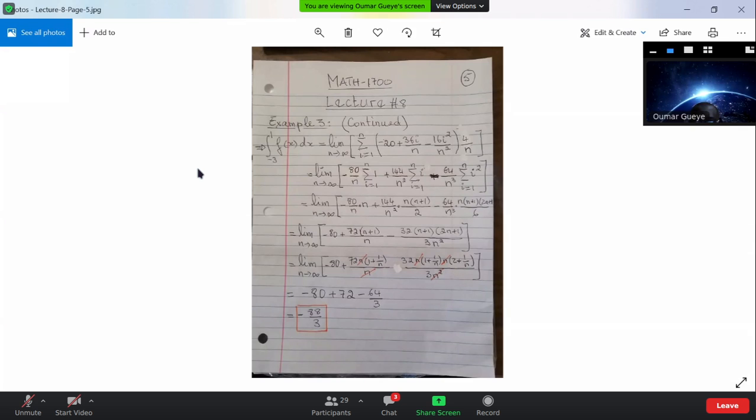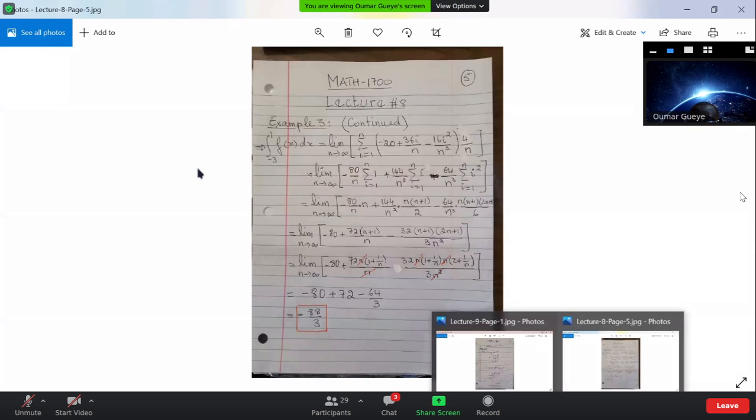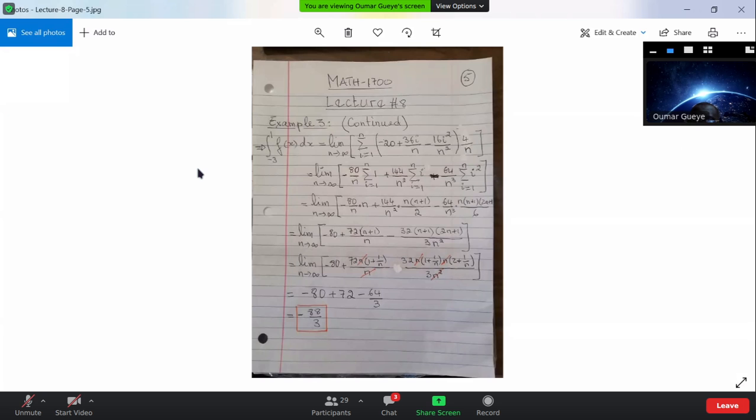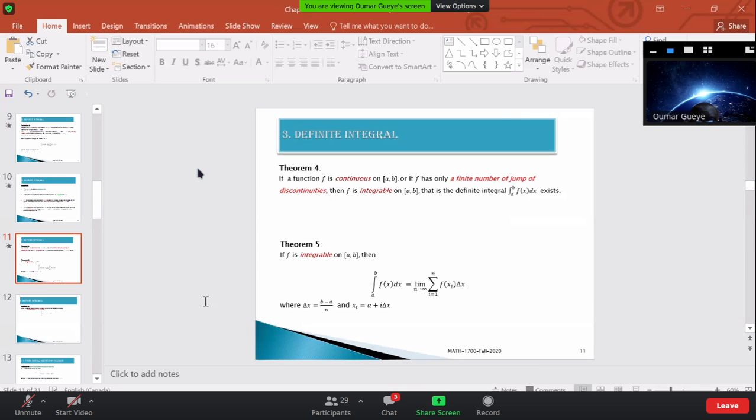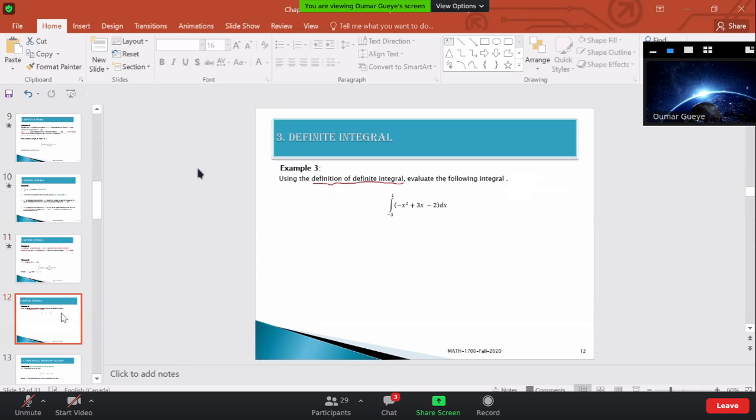Okay, so if there is no question, we're going to move to the next part. All right, just keep in mind, based on what we did here, if you have any question asking you to calculate a definite integral by using the definition of a definite integral, you have to use the steps that we used to calculate this one.